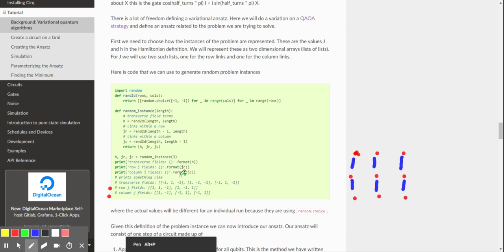But why would you do the row links within a row with this representation, when it's kind of sort of the same? I mean, you've got 3 rows, and within each row there are 2 interactions.